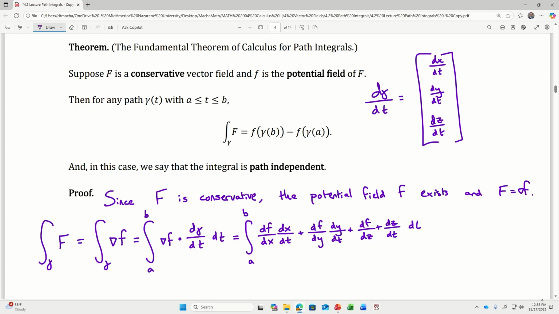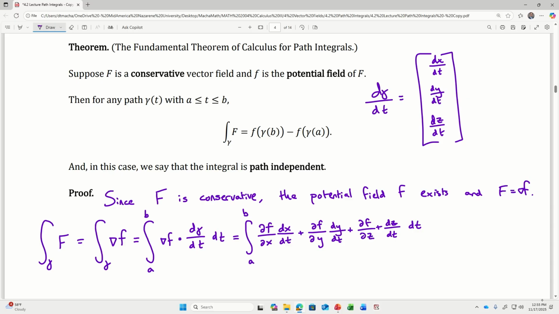And I know I've made a little tiny mistake here, that I should be using partial derivatives for the f part. That should technically be the partial of f with respect to x, the partial of f with respect to y, and the partial of f with respect to z.